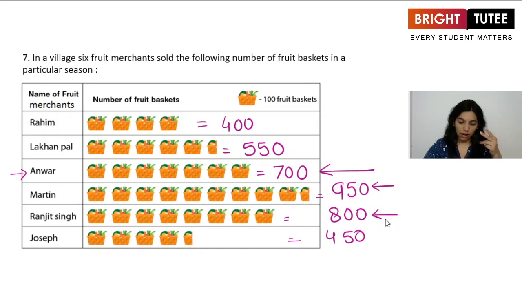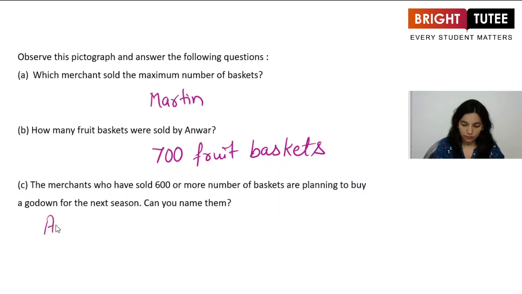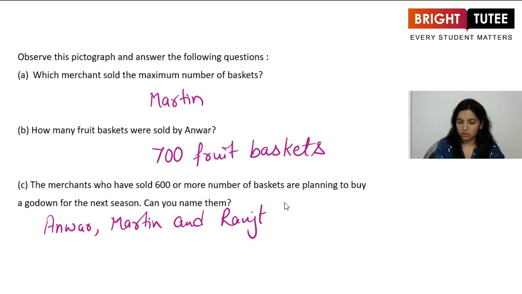So it is Anwar, Martin and Ranjit Singh. So let us write it here. Anwar, Martin, and Ranjit Singh.